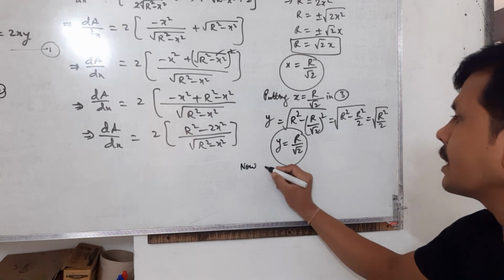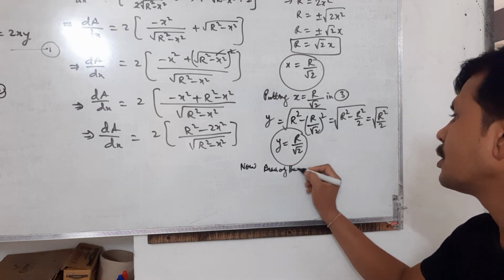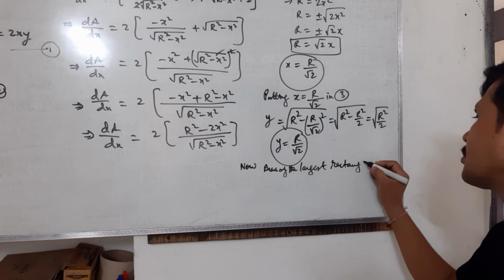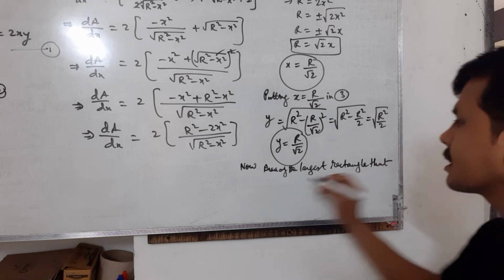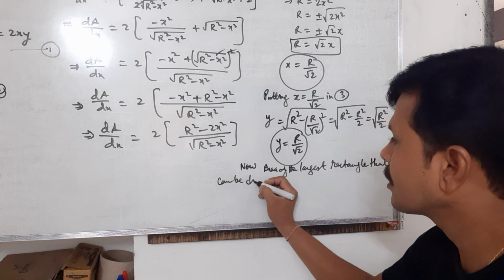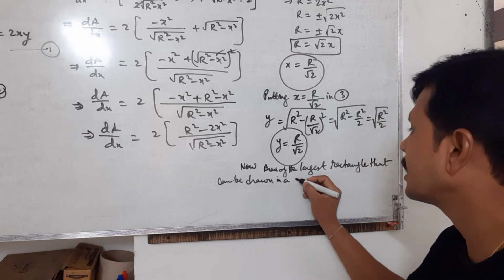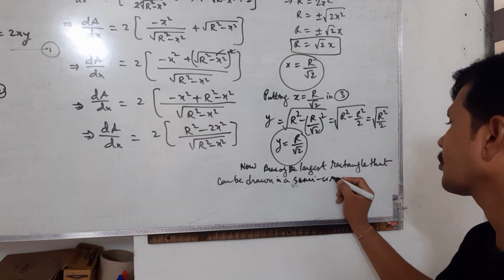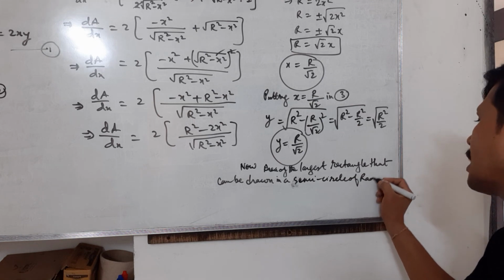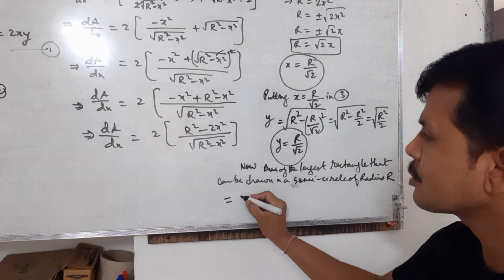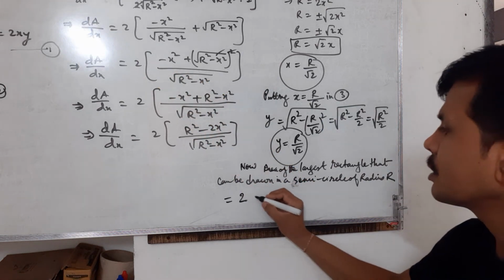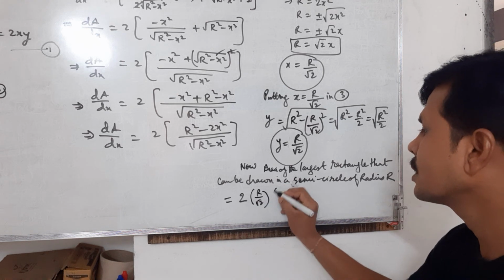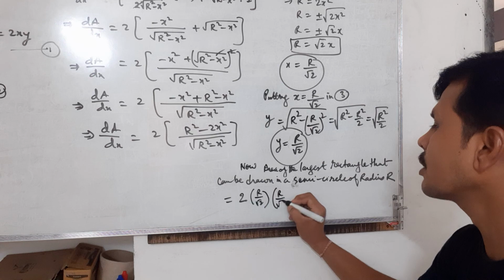Area of the largest rectangle that can be drawn in a semicircle of radius r is equal to, putting the values in 1, 2 times, in place of x I am going to write r upon square root of 2, in place of y I am going to write r upon square root of 2.